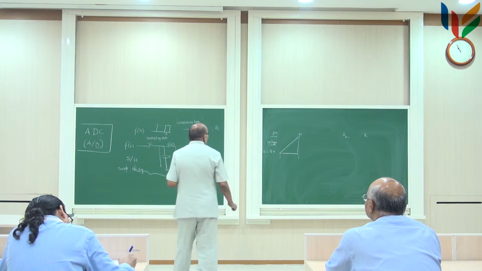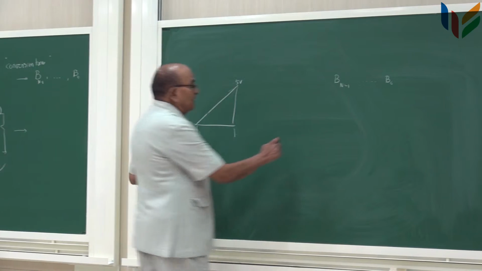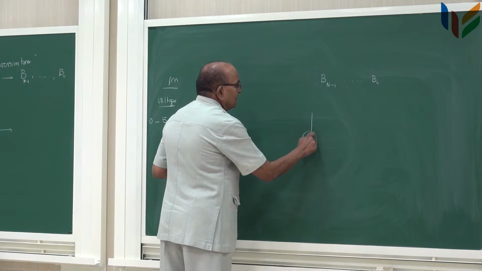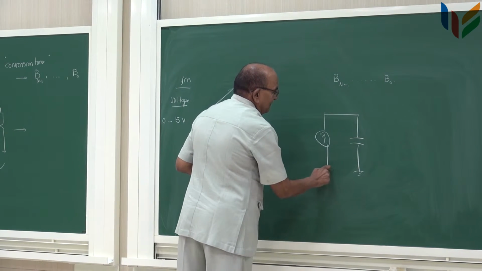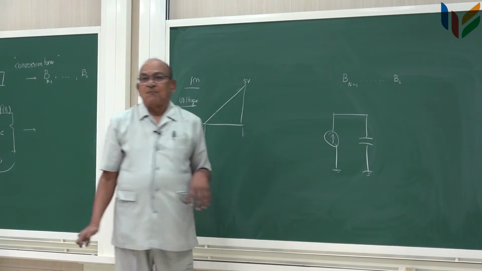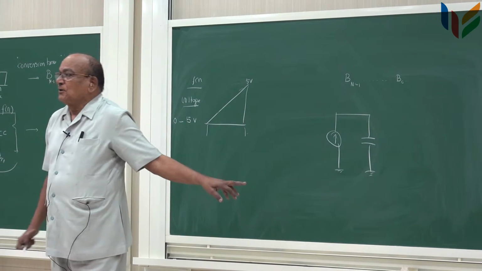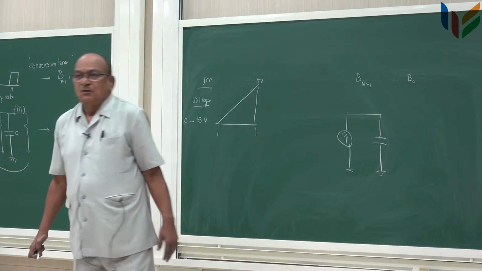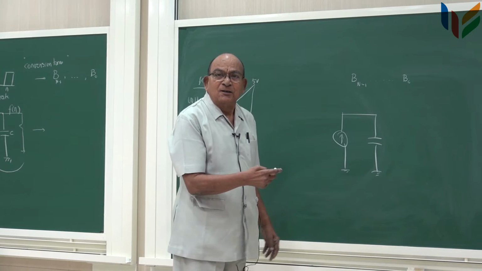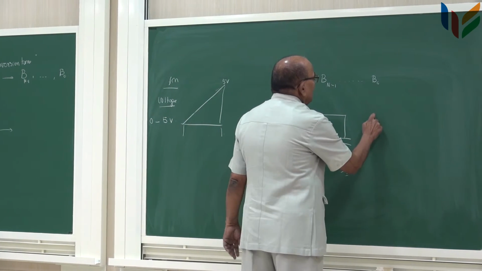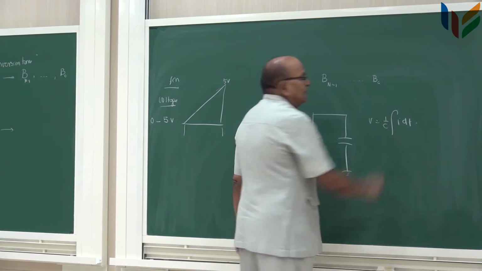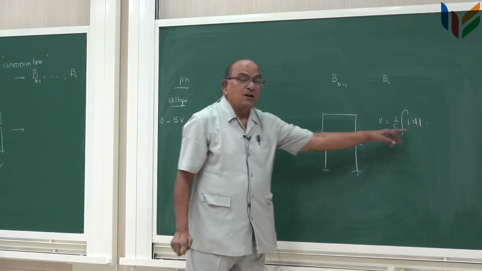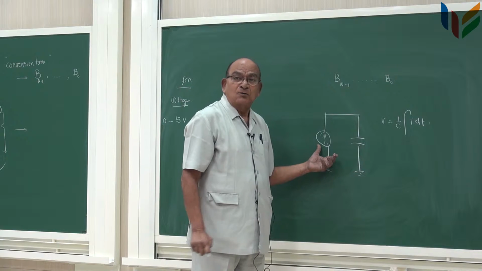The best way to generate a sawtooth waveform is to take a current source and charge a capacitor. The voltage across this will be equal to integral, V is equal to 1 by C integral I dt, and I is constant as a constant current source.